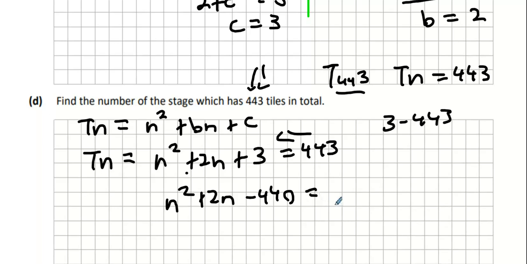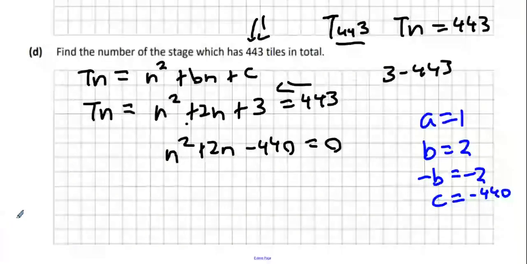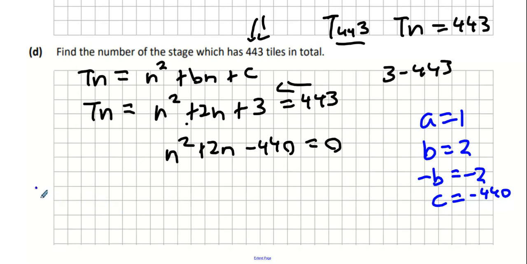You put this into either the factorizer or do the minus b formula. We do a equals 1, b equals 2, minus b equals minus 2, and c equals minus 440. You do the minus b formula in the calculator, so minus b plus or minus the square root of b squared minus 4ac, all over 2a.